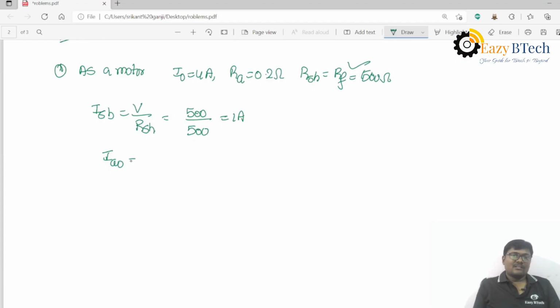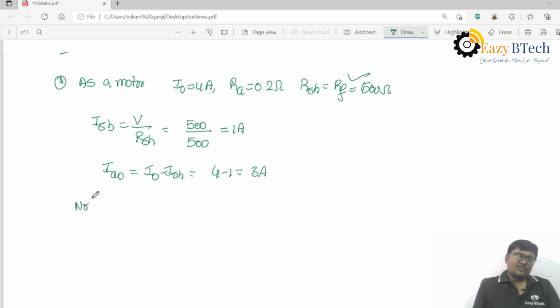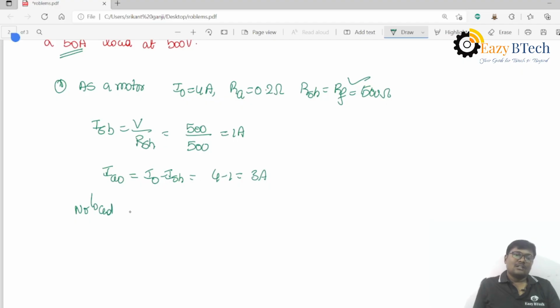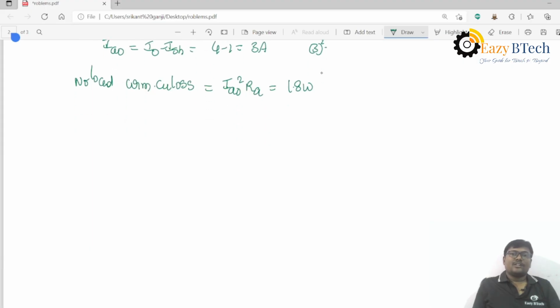Then IA naught is equal to I naught minus ISH. 4 minus 1, that should be equal to 3 amperes. Then you should find out the no load armature copper loss, equal to IA naught square into RA. 3 square into 0.2, then you will get 1.8 watts.